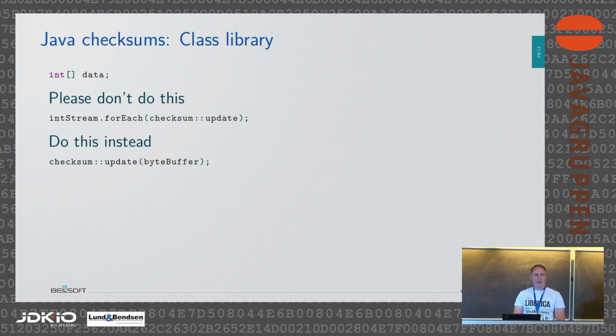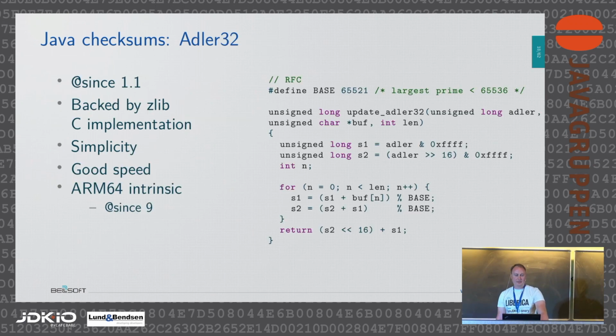So let's look at the checksums in the standard library. So Adler, that's one probably worth putting its code on the slide because I can do it. It's relatively short. And it has existed for almost 30 years now.